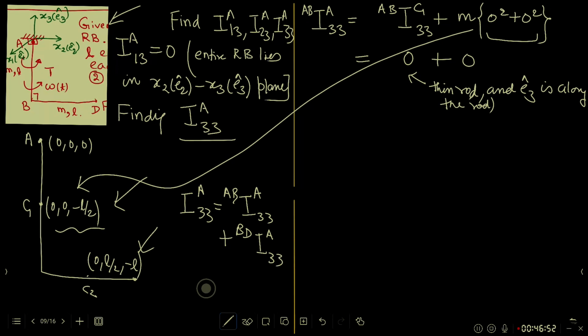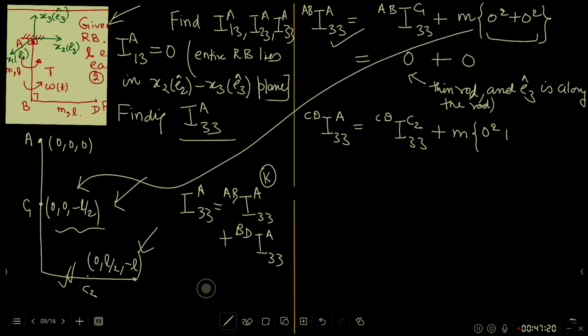IA CD 33, this I will write as IC2 CD 33 plus mass of the horizontal rod, this one, times, and then I am going to again put some numbers here directly, which I am picking up from here. This comes from these coordinates.